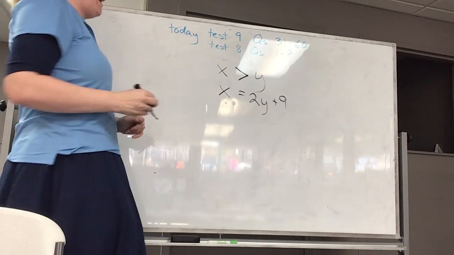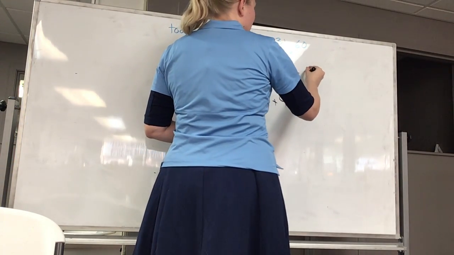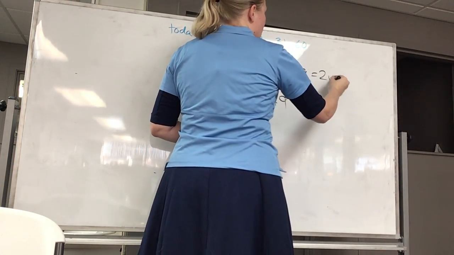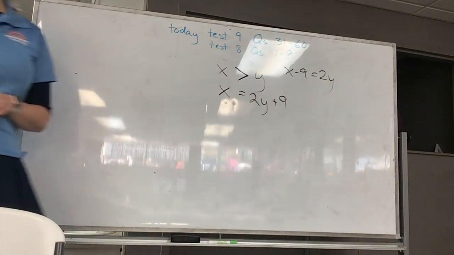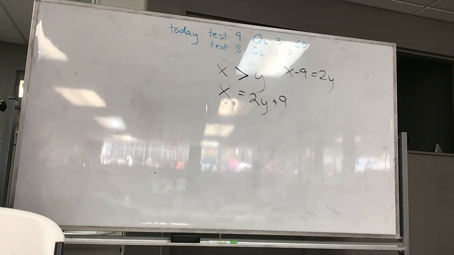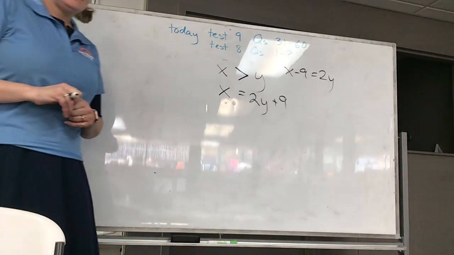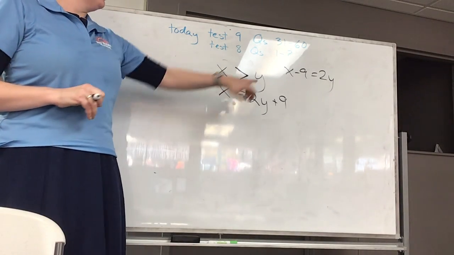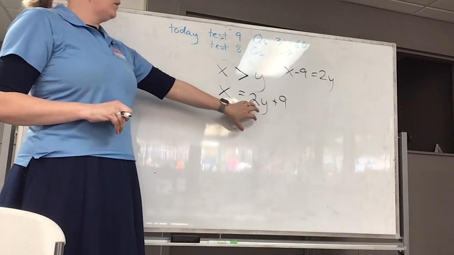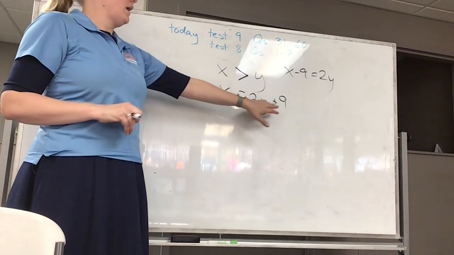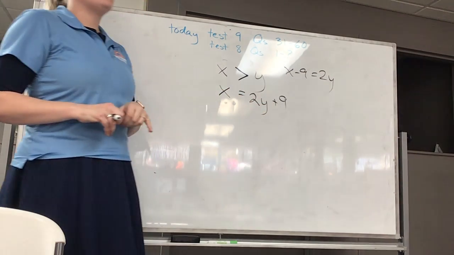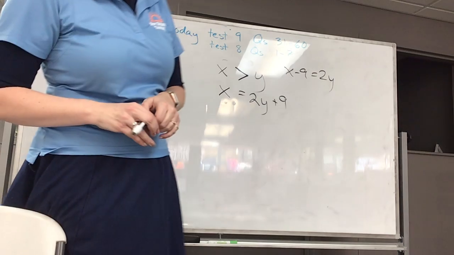You could also have x minus 9 equals 2y. Those are the two ways that I would see that one. But either way, we know x is bigger, y is smaller, and it's bigger by 9 more than twice that number.